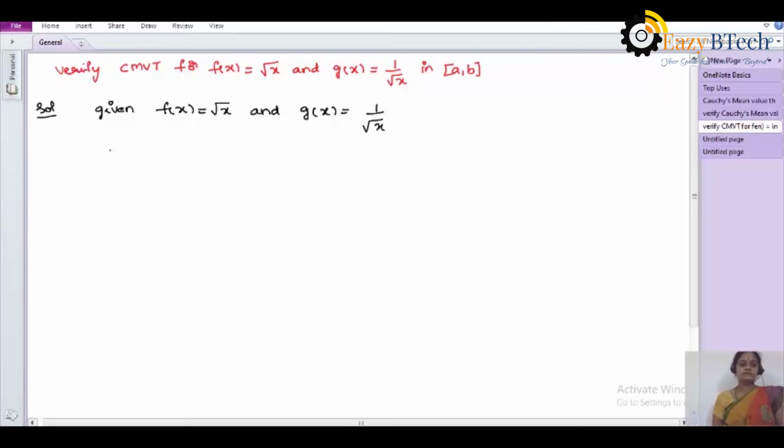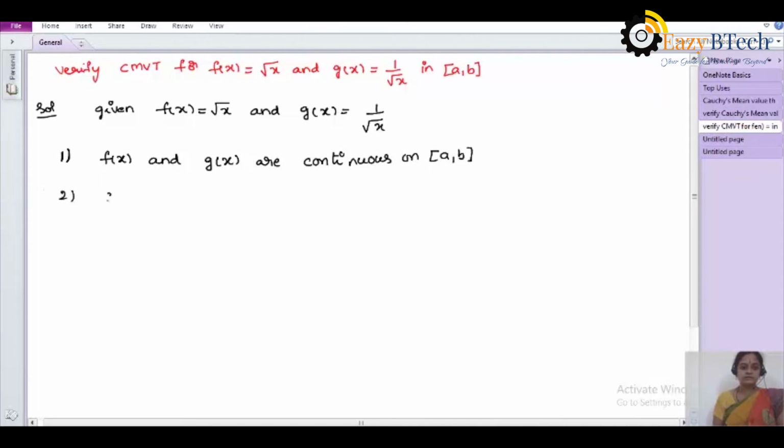Coming to the first condition of Cauchy's theorem, it is verifying whether the given f of x and g of x are continuous or not. So f of x and g of x are continuous on the closed interval a comma b.